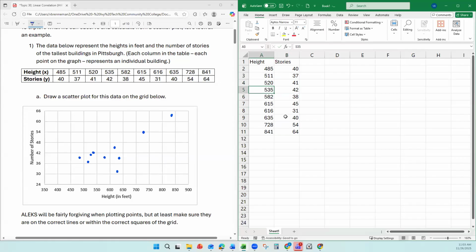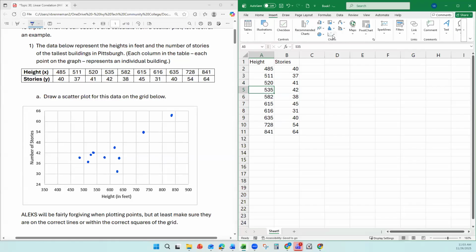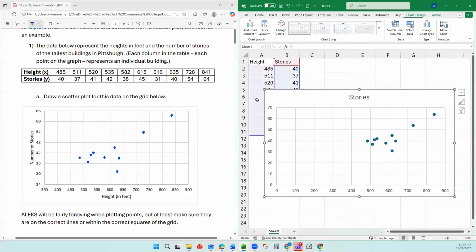And then as long as my active cell is somewhere within that table, Excel will recognize when I go insert and I choose the scatter plot option here, it will, as you can see, select the whole table.